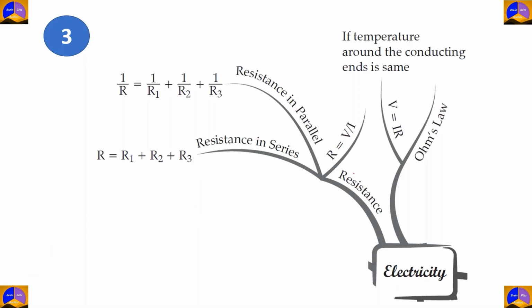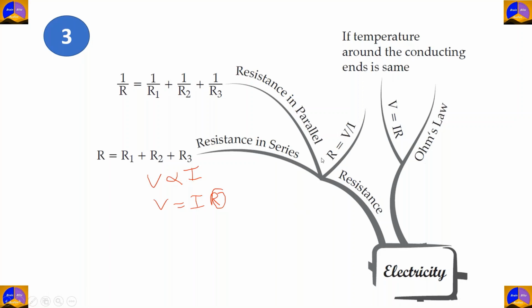He used the relation V is proportional to I. And from there, we get the statement for Ohm's law: V is equal to IR. R is the constant of proportionality. Now, Ohm's law is applicable only if the temperature around the conducting ends of the electric circuit is the same.